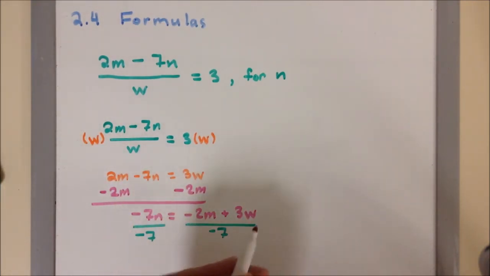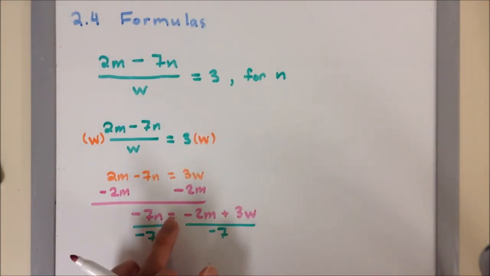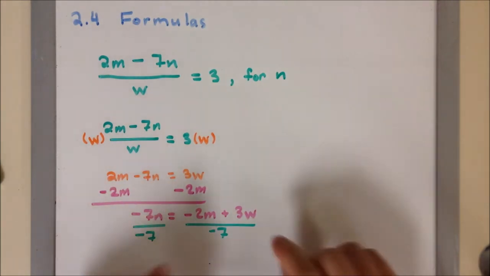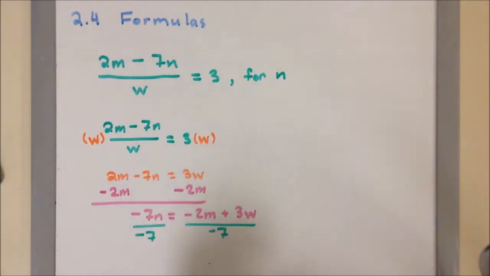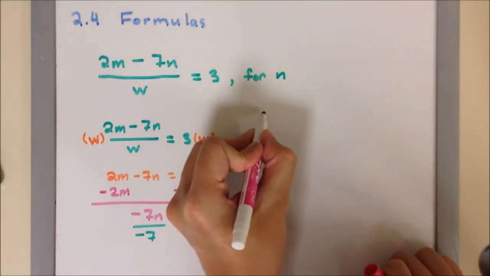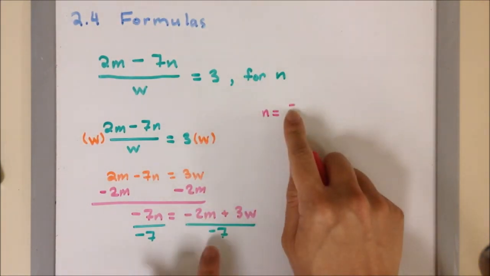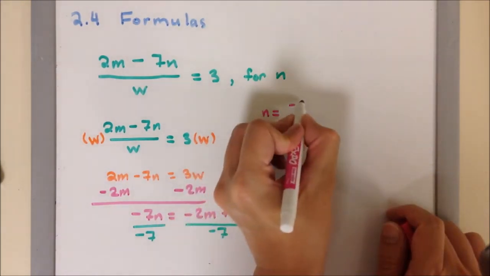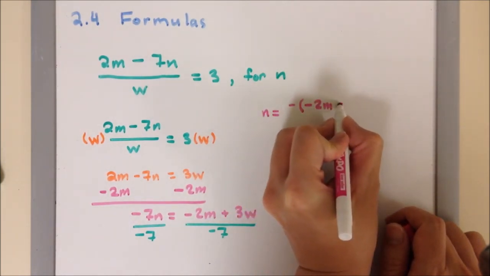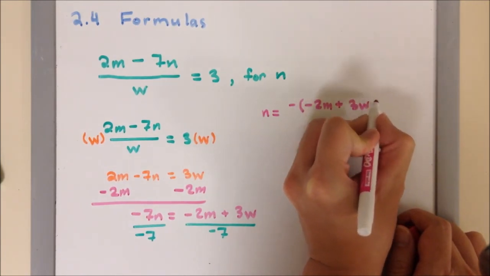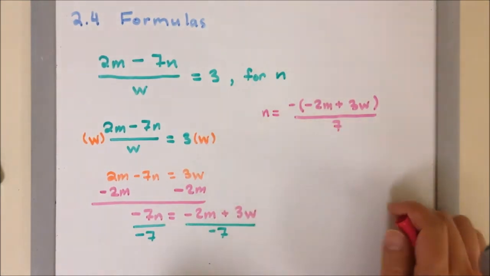So, when we divide by negative 7, again, we're going to move the negative from the denominator into the numerator. And the reason I'm doing that is, again, we're going to have multiple parts. Since we have multiple parts, that means we're going to have parentheses. So it's going to be n equals negative, this negative was from the denominator, parenthesis, negative 2m plus 3w, close parenthesis, divided by a positive 7 now.